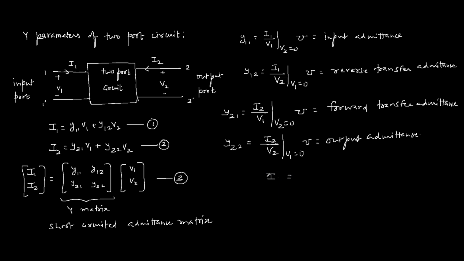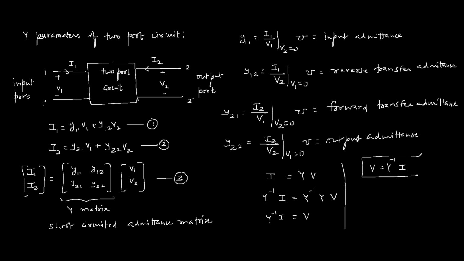This column matrix is represented by I, the Y matrix is represented by capital Y and the voltage matrix is V. Now if I multiply both sides with inverse of Y matrix, then it is inverse Y into V, and inverse of Y into Y is identity matrix and identity matrix into V is V. So it is V equal to Y inverse I.